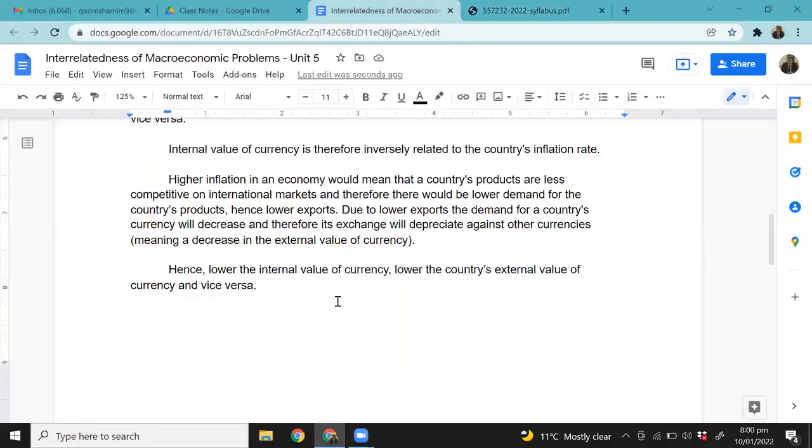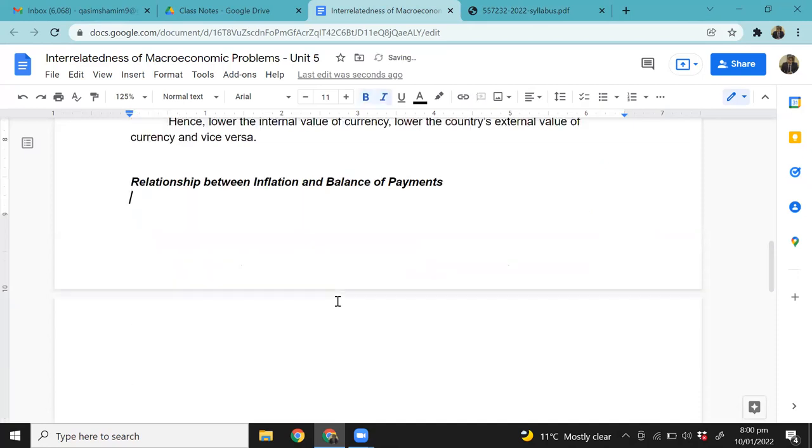Okay. Now, the next thing that we were discussing here is the relationship between inflation and the balance of payments.